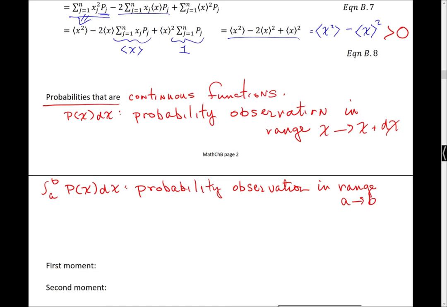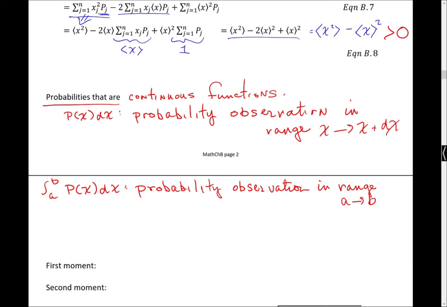Okay? All right. So the other thing that we need to keep in mind is that just like what we saw previously, for my probability to have meaning, it has to be normalized. So that means the sum over all the possibilities has got to be equal to 1. Right?